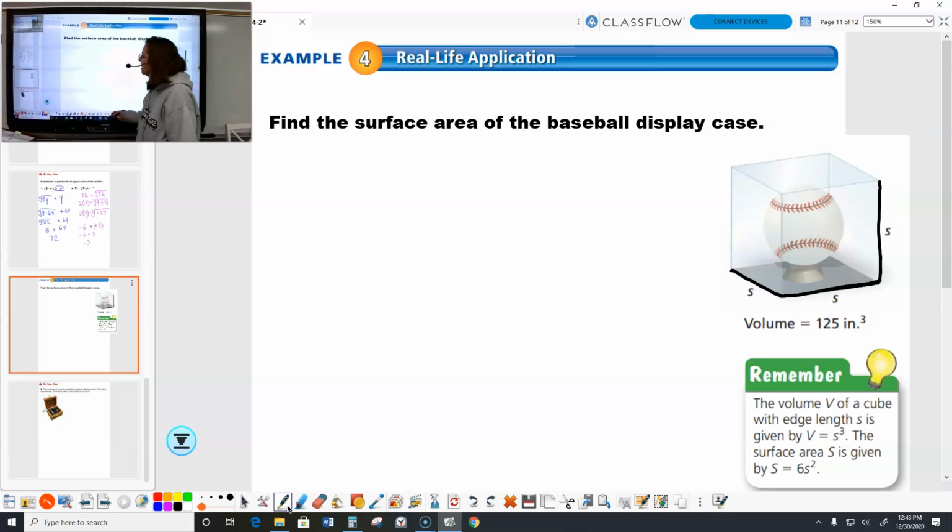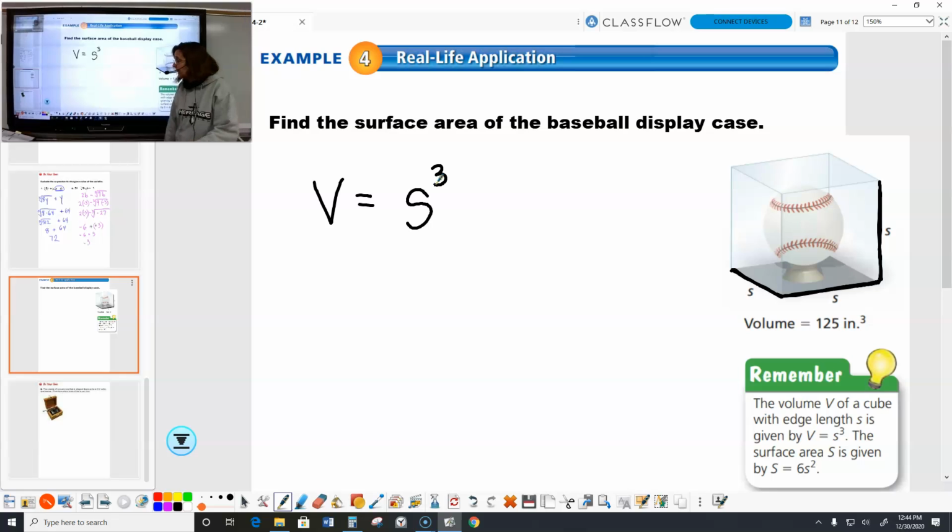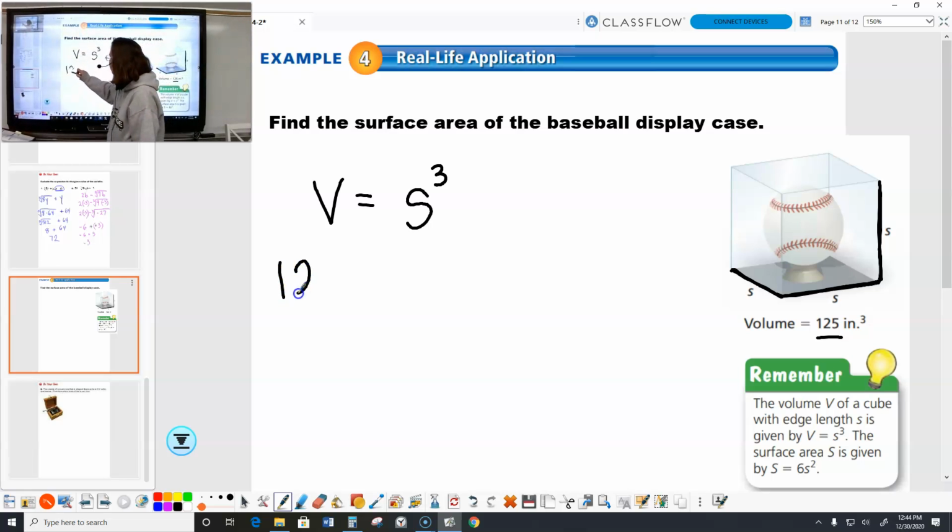All right, so the formula for the volume of a cube, volume is equal to the side times another side times another side. So that is S cubed. Now they have told us that the volume is 125. So let's replace V with 125. So 125 is equal to S cubed.